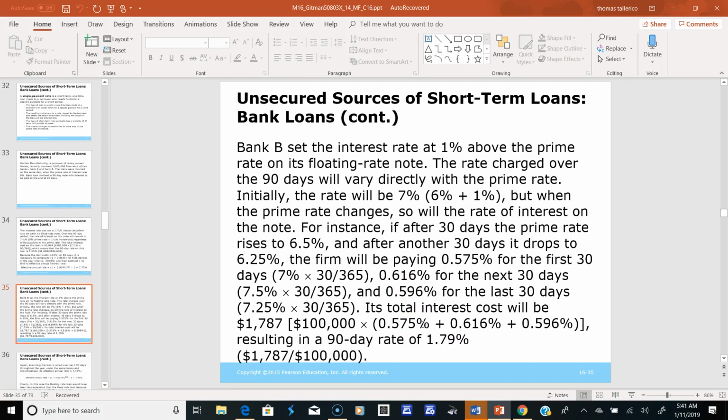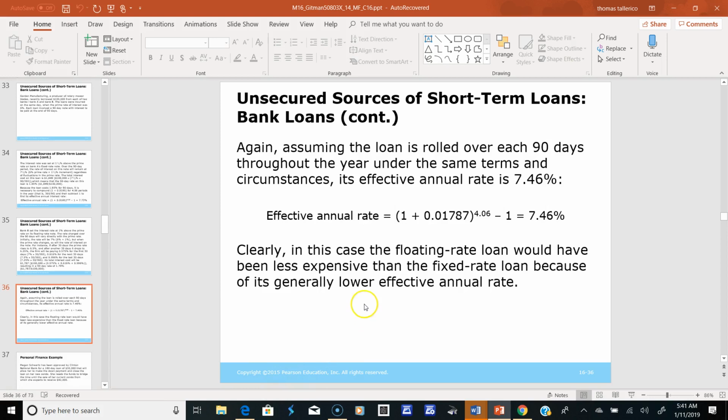And here's the other bank. I guess he's comparing banks here, right? He's looking at now this bank and seeing what that rate is, right? So we'll see what that is. And here's the total interest cost. So that effective annual rate is 7.46.